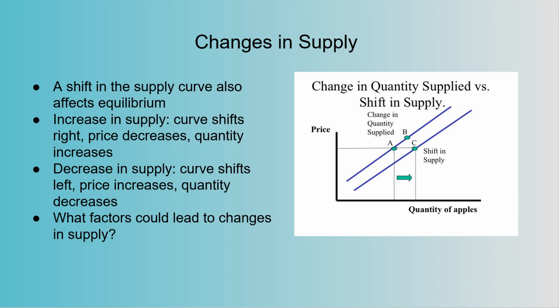However, if there is a shift in the supply, this means that there was a decrease in input costs, or an increase in technology, which allowed us to produce more goods more efficiently using the same resources. That would cause a shift in the supply. So please remember that anything that has nothing to do with a price change will shift your demand and your supply curves left or right.